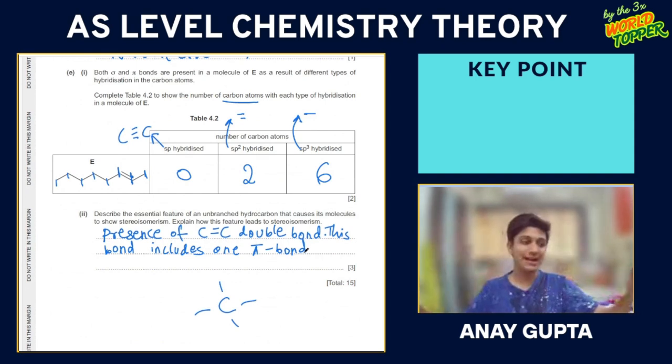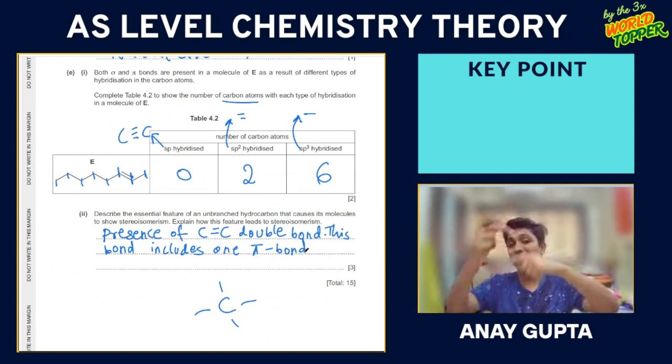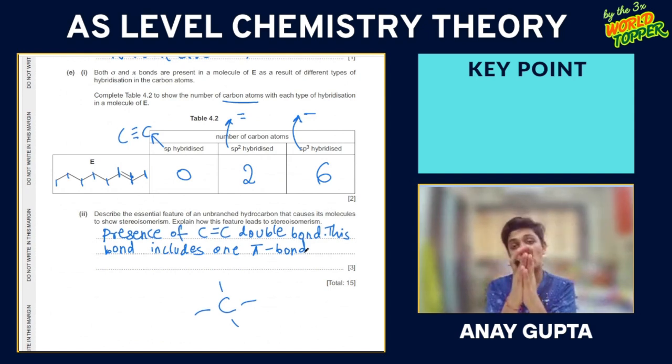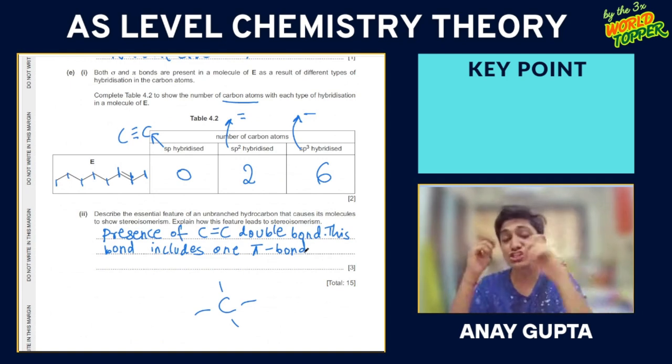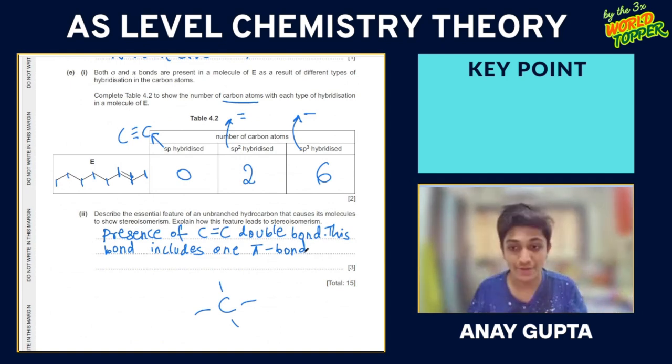So when this lateral overlap takes place, the repulsion is so high that you can't really rotate around the plane of the overlap of the p bonds. Basically, in a pi bond, there is a restricted rotation about the carbon-carbon double bond.